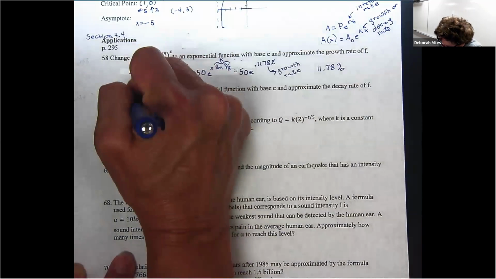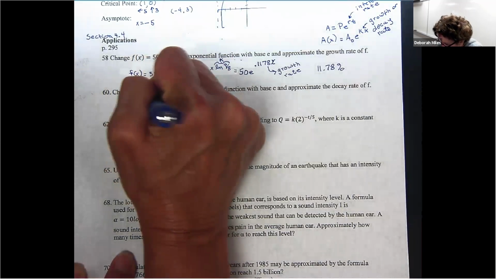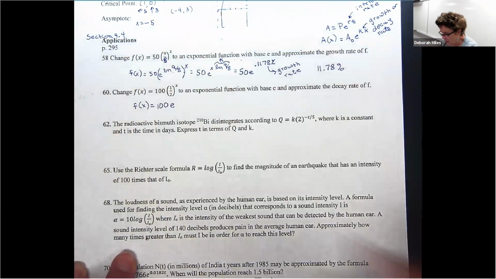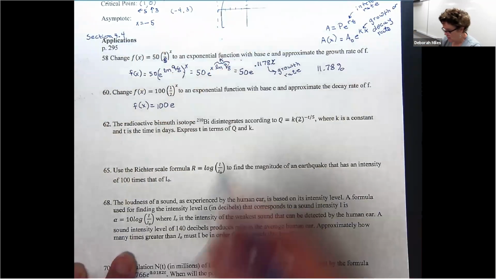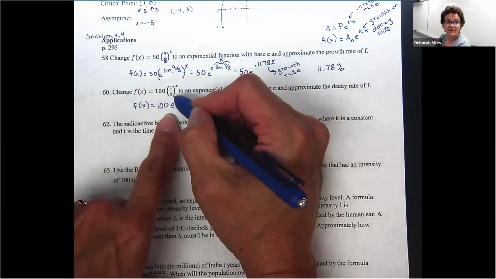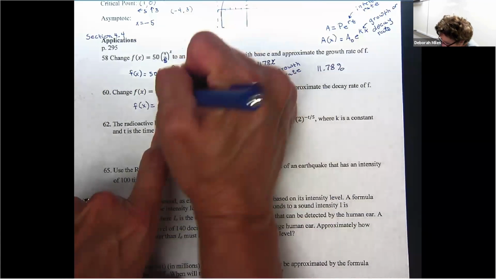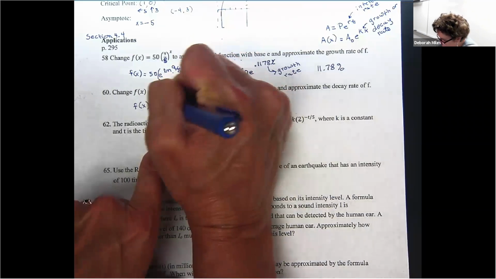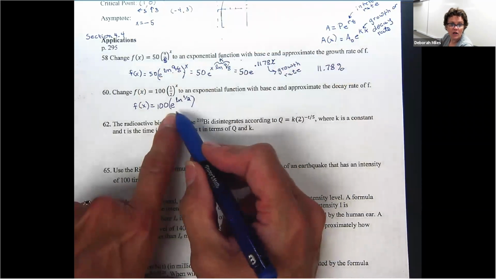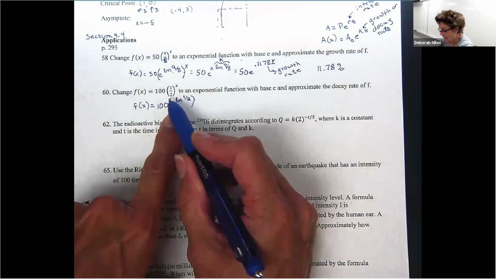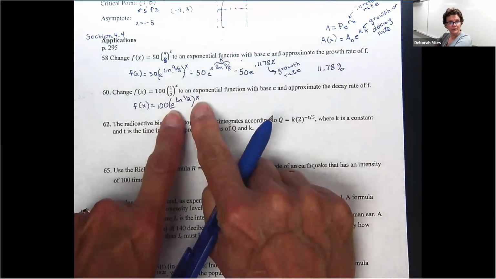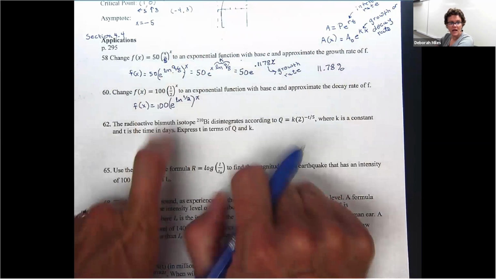We would say f of x is 100 e to the something, and I want the e to the something to undo each other and just leave us a half. So e to the natural log of a half. That e and that natural log undo each other and just leave us the 1/2. So as long as I keep up with the exponent outside the parentheses, that's equivalent to the line above it.